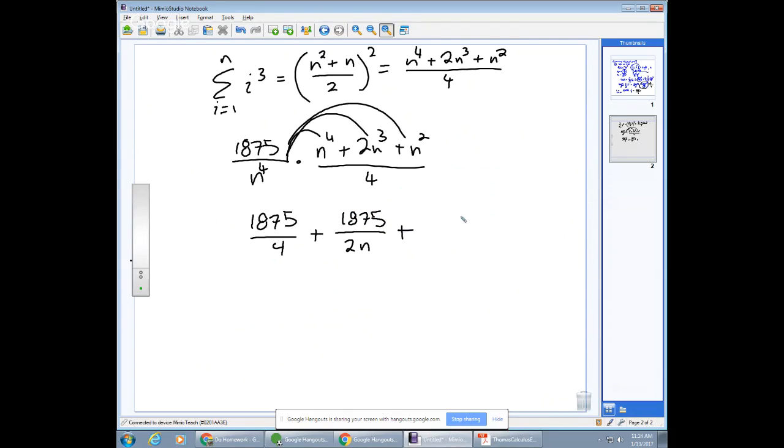And then in the last one, we get what, 1875 in the top again. And sorry, this seems like a waste of time. Apologize for assigning this homework question. And then what's left, 4n squared in the bottom.